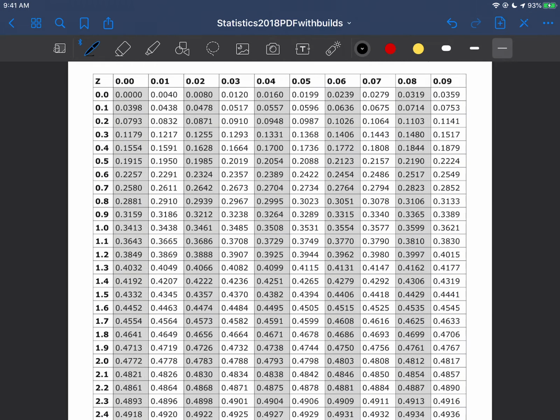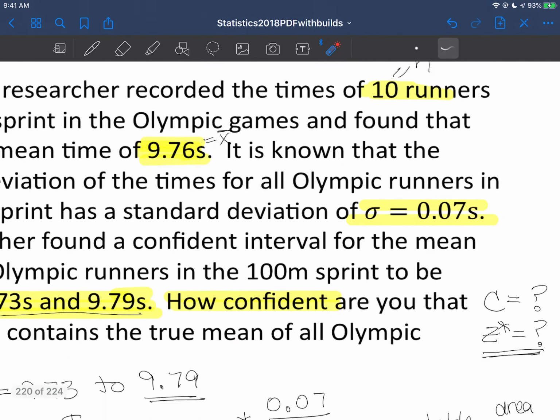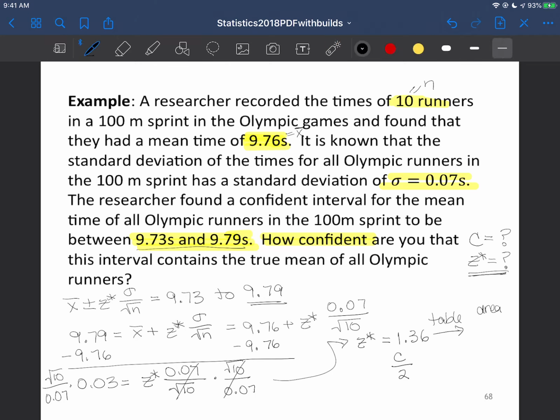So for 1.36, I'm going to look in the row for 1.3 and up to the column with 0.06. Here's the 0.06 column, and so here is the area, 0.4131. Okay, so 0.4131 is C divided by 2. And so if I want C, I just need to multiply both sides by 2. So C is 0.8262.